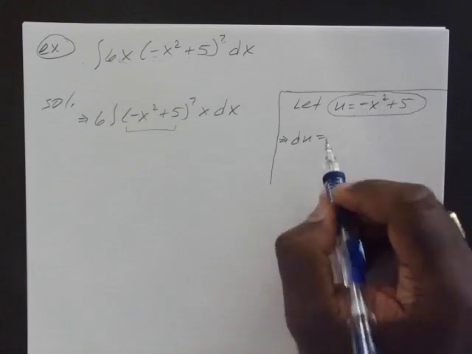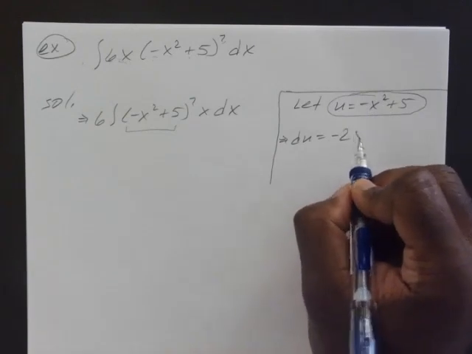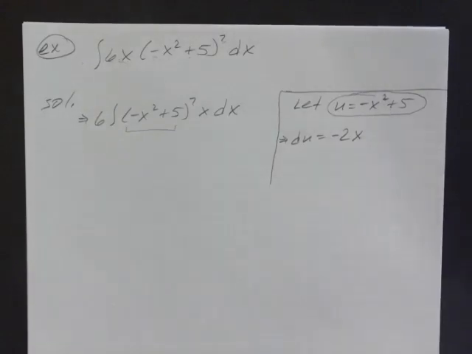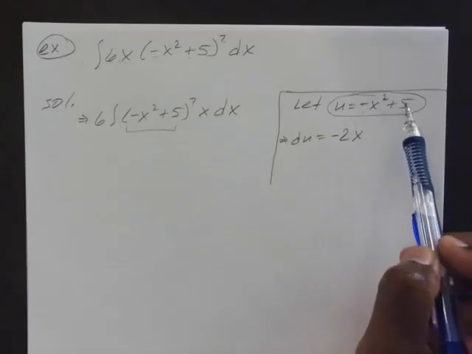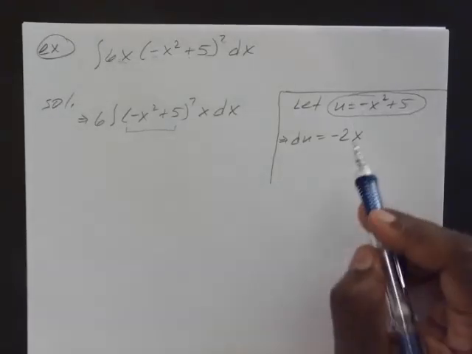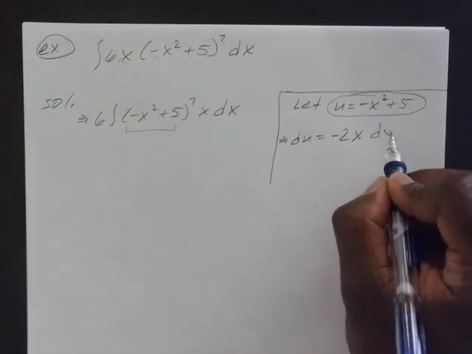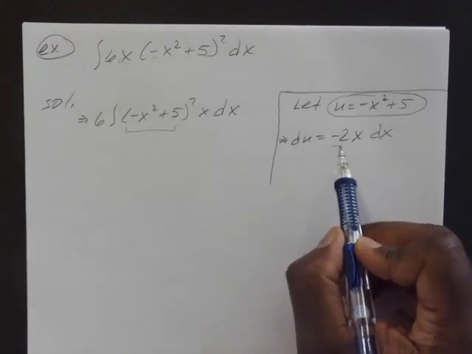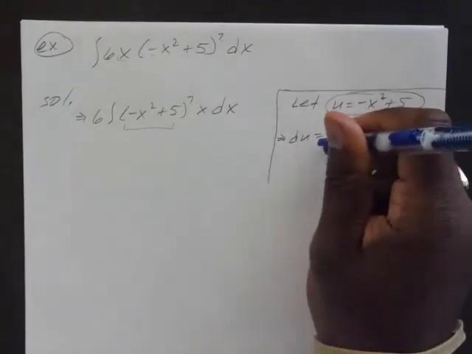If we bring down the 2, that's negative 2 times x to the power of 2 minus 1. So that's just negative 2x. Plus the derivative of 5 is 0, so that disappears. So it's negative 2x dx. So if we divide both sides by negative 2, let me do that as a separate step.